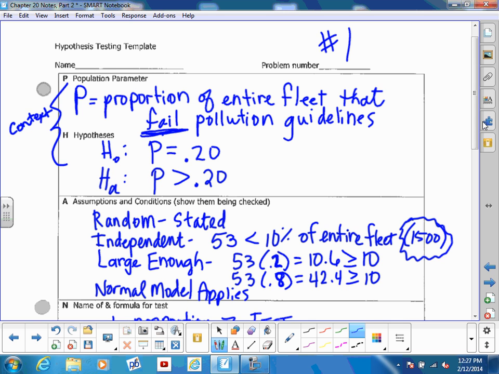I fail to reject that the proportion of the entire fleet that fails the pollution guidelines equals 0.20.